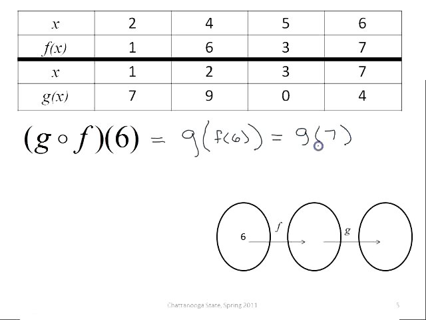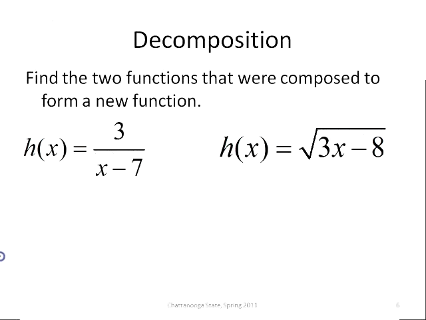So now that 7 becomes the input for g. So if x is 7, my value of g of 7 is 4. So putting the 6 into the f gave me a 7, and then putting the 7 into g gave me a 4. So my final function value there is 4.